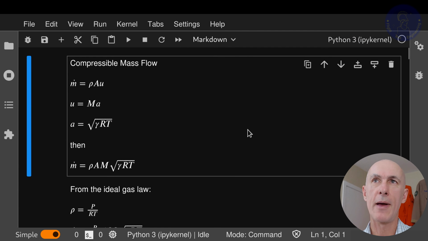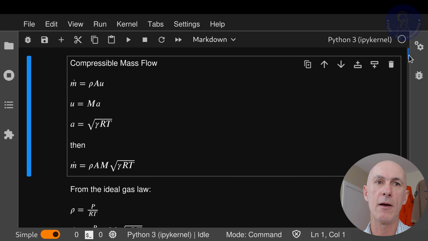So let's recall the mass flow equation and figure this out. We start by the definition of mass flow here, which is m dot equals rho A u, which is the density, area and the speed of the fluid. But the speed of the fluid, u, can be written in terms of Mach number, M times a. And a is the speed of sound, which in our case for ideal gases is going to be the square root of gamma RT.